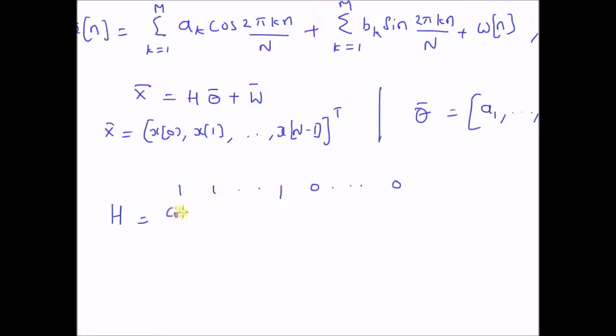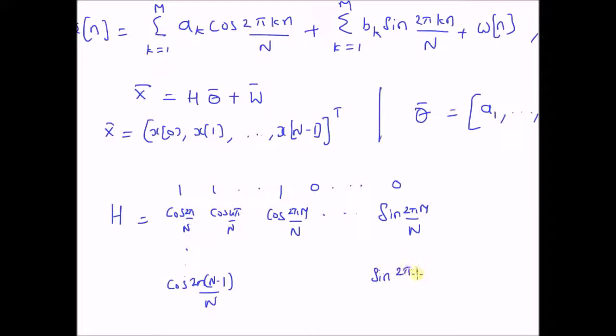And in the second row, we have cos of 2 pi by N, cos of 4 pi over N up to cosine of 2 pi multiplied by m over N. And similarly here we have sine of 2 pi m over N. And so on up to the last row where we have cosine of 2 pi times N minus 1 over N, and the last element is sine of 2 pi times N minus 1 multiplied by m over N. And here we have cosine of 2 pi N minus 1 m over N. So this is the observational matrix.